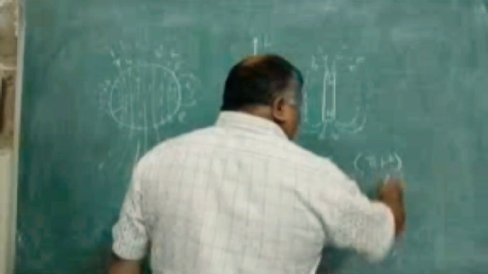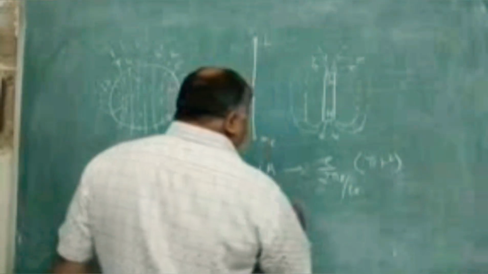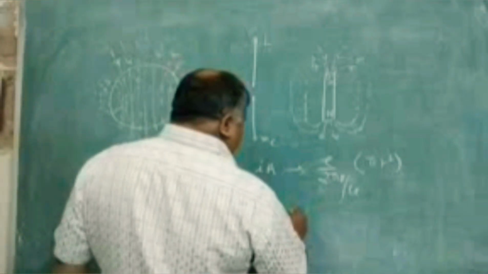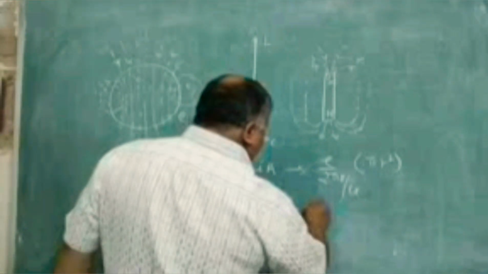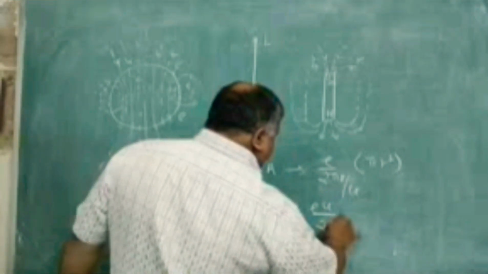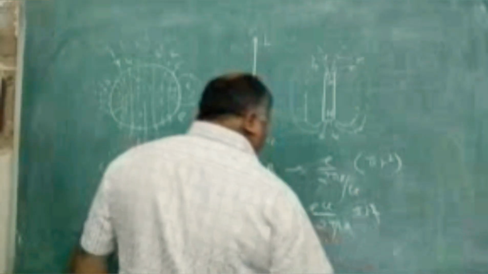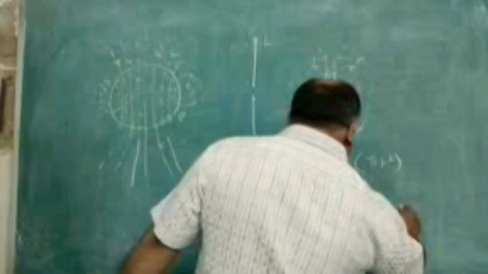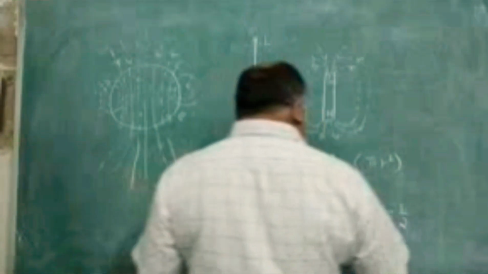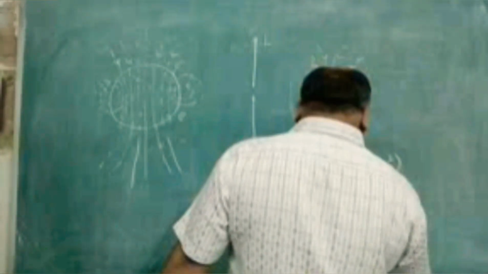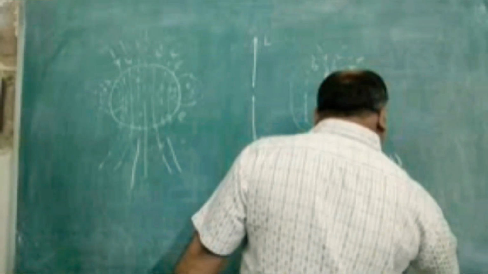V is the velocity, so I equals eV over 2 pi r, and the moment is equal to half eVr.